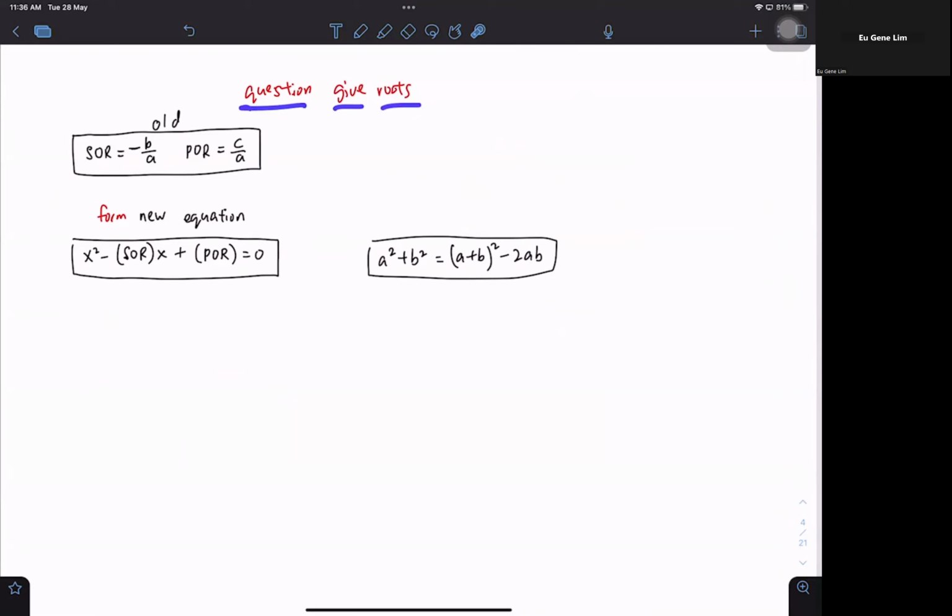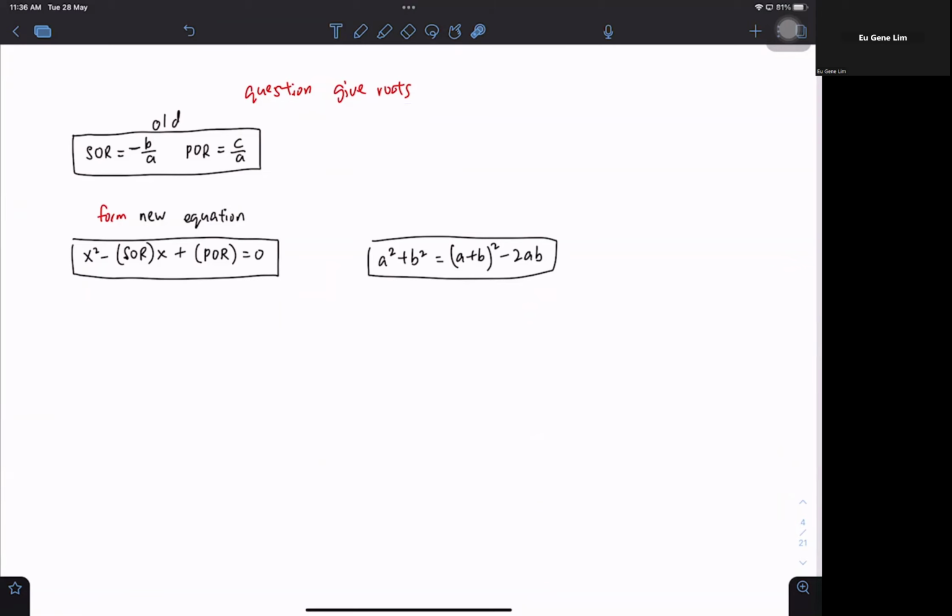When the question says P and Q are the roots, or M and N are the roots, or alpha and beta are the roots, or 2 and H are the roots. When they give you the roots, then it is a sum and product question.